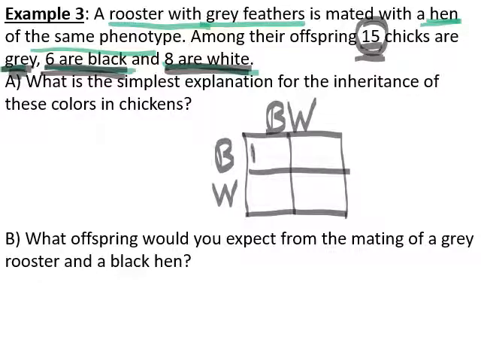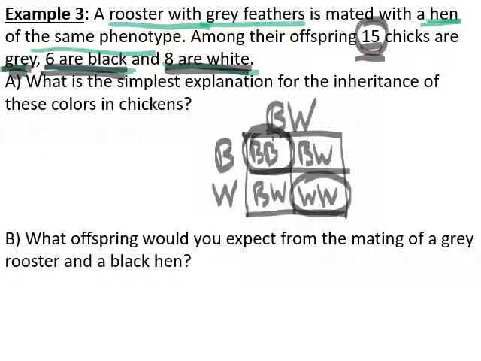If we set up a Punnett square, let's fill it out here, BB, BW, BW, and then WW. We can see that 1/4 of those chickens will have black feathers, 1/4 of them will have white feathers, and the other half are going to be the gray feathered chickens.